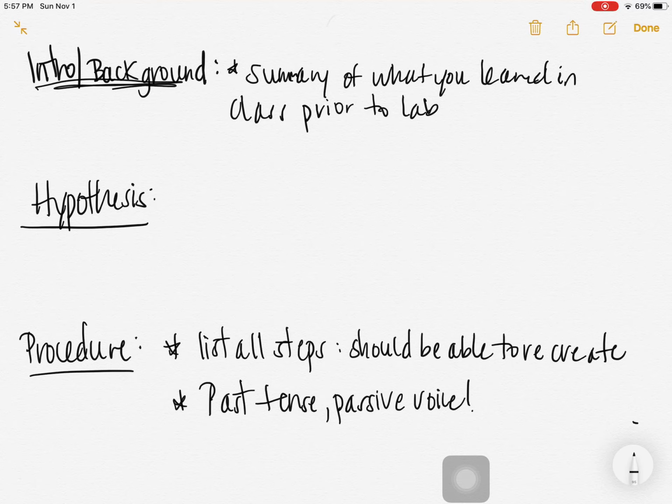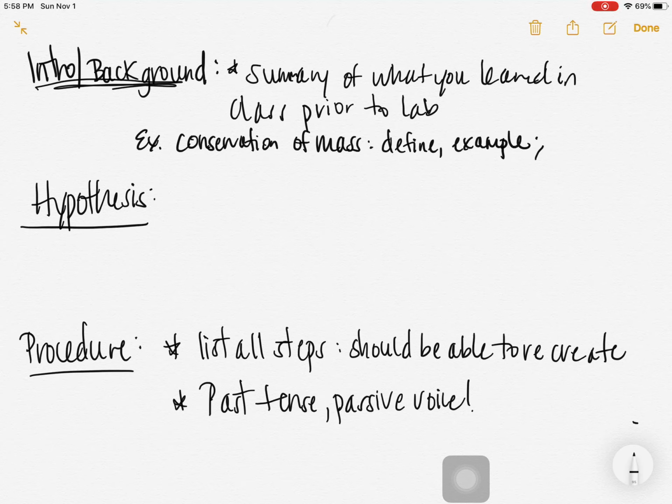So if we're using conservation of mass as our example, then one of the things you're going to write about in your intro or your background is what exactly is the law of conservation of mass, what's its definition, perhaps what's an example of the law.